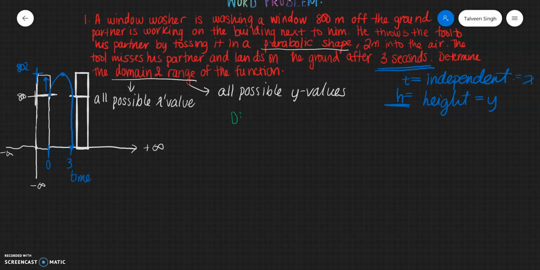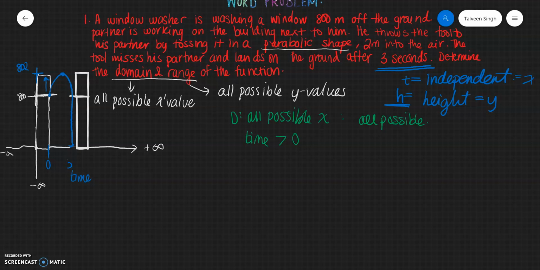So domain is, like I said, all possible x's. Therefore, all possible times. Can't have a negative time, so time has to be greater than 0, right? Also, it hits the ground. Once it hits the ground, it's not going any further.